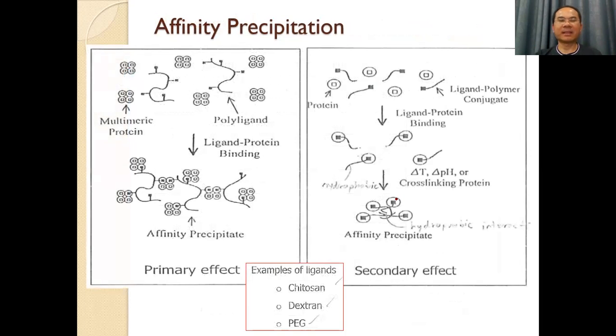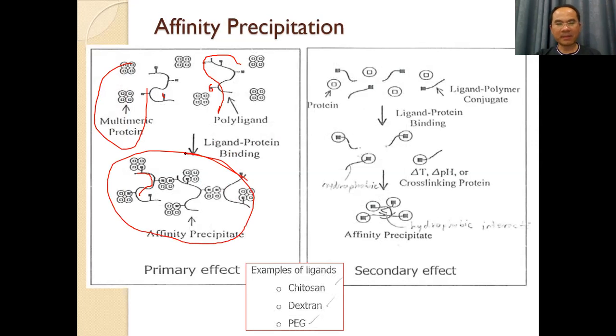The ligand has specific charge that can interact with or cross-link proteins. Ligand means the specific charge, so it can interact with a specific protein. Then ligand-protein binding occurs, and we get affinity precipitation. That is the primary effect.